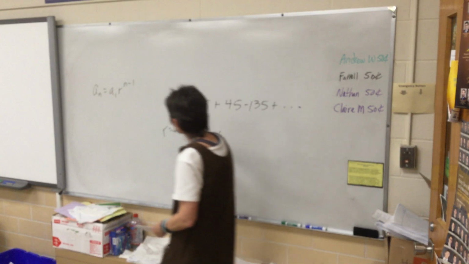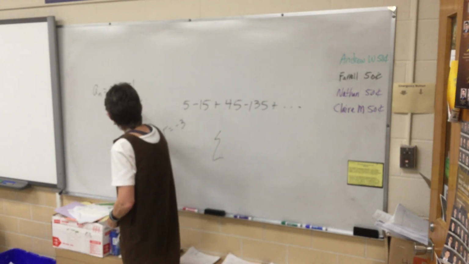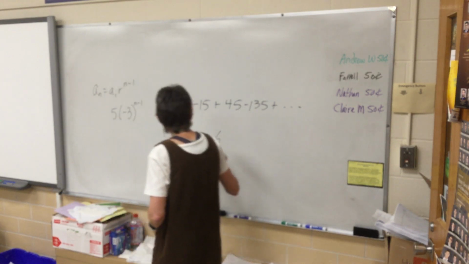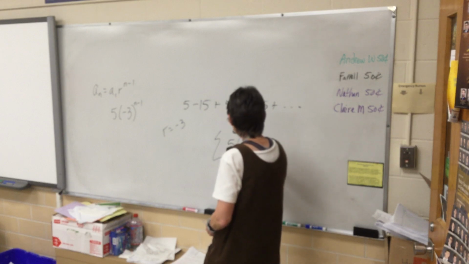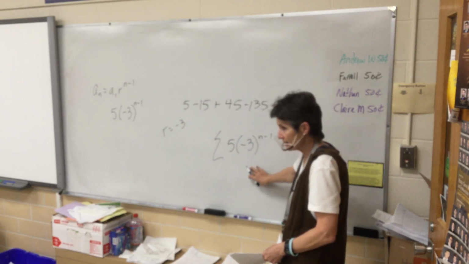So our first term is 5. Our ratio is -3. And it's to the n minus first power. That is what you write here, kids. There's no simplifying. That's what you write here.